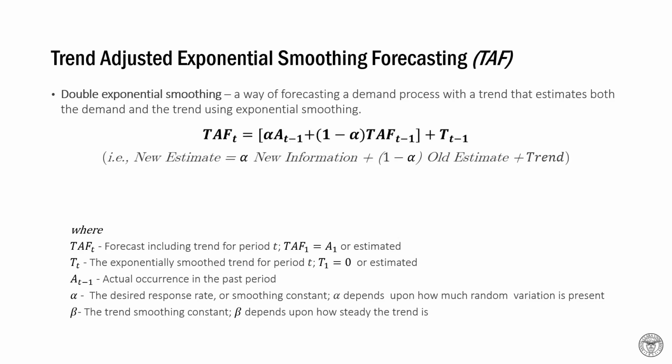The calculation of TAF sub t, the forecast including the trend for period t, is performed by adding the product of alpha and the actual occurrence in the previous period, A sub t minus 1, to the product of 1 minus alpha and the previous TAF estimate, TAF sub t minus 1, and then adding the previously calculated trend, T sub t minus 1.